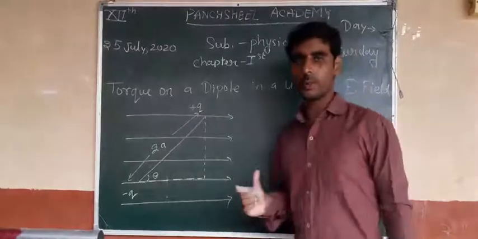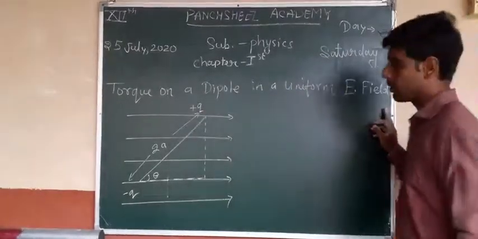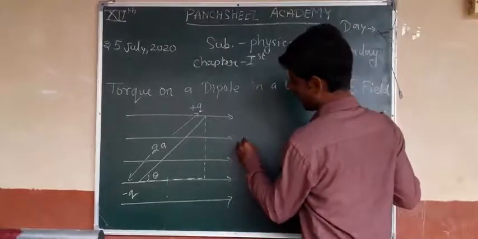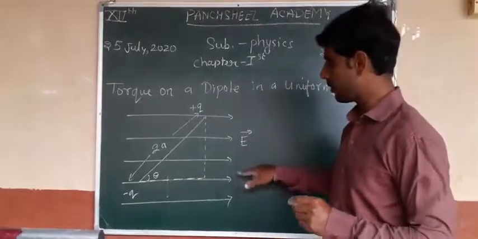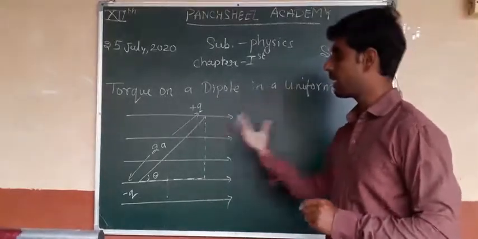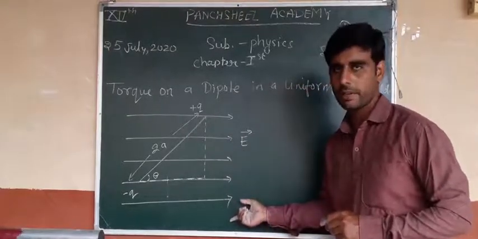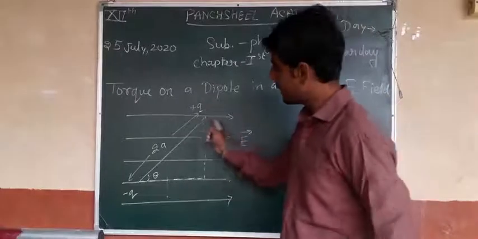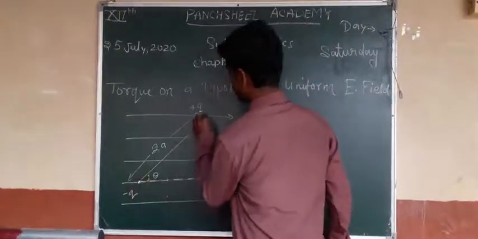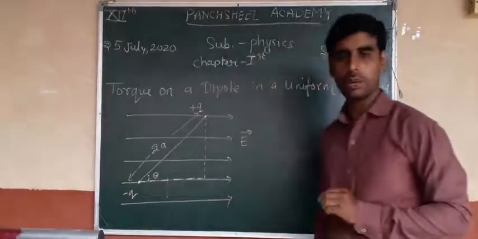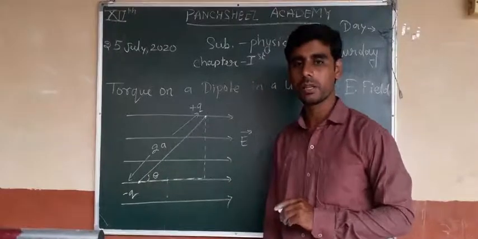This is another topic: torque on a dipole in a uniform electric field. This horizontal line represents the uniform electric field. This is the dipole, this is minus q and this is plus q, and the separation is 2a.